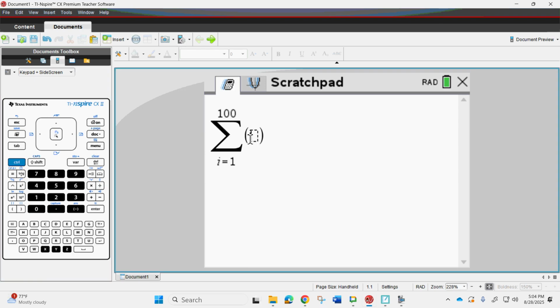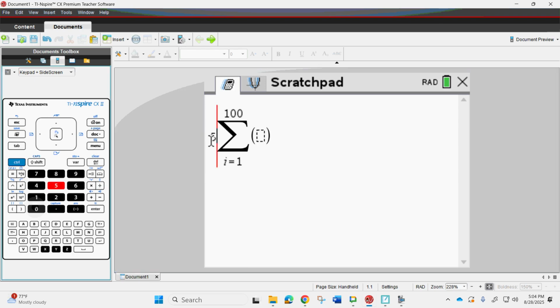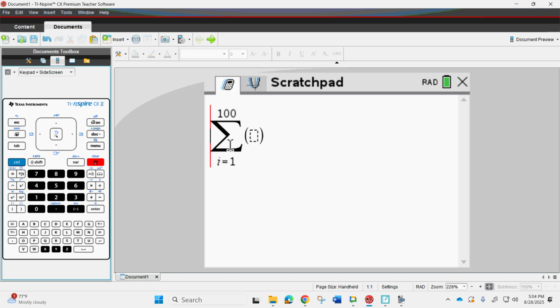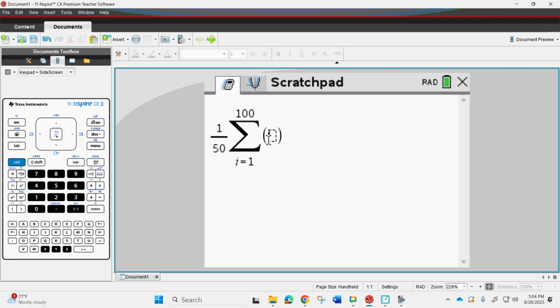I'm going to this time put the 1 over 50 out front. Sorry about that. That 1 over 50 can go inside or outside. It's kind of like a constant in an integral. It's the same either way.